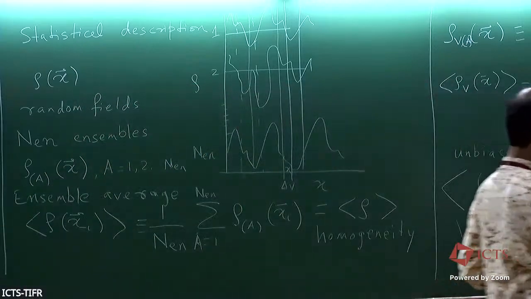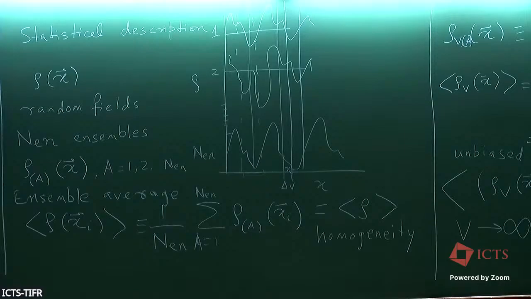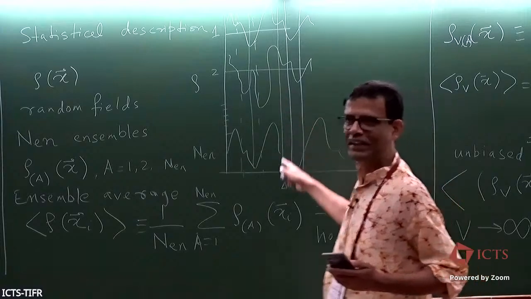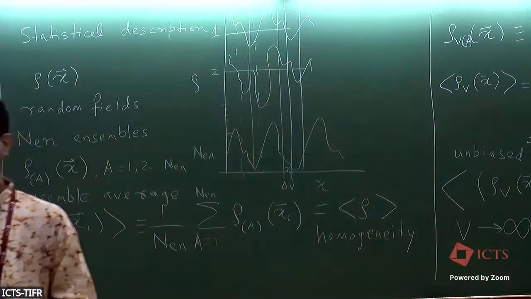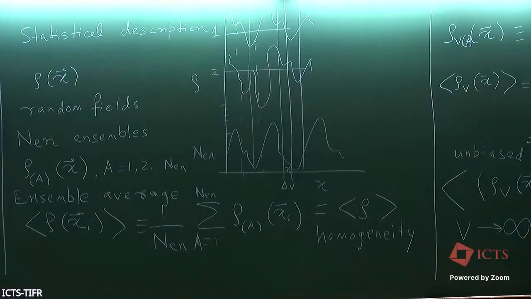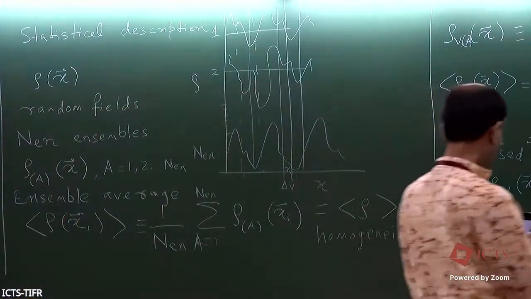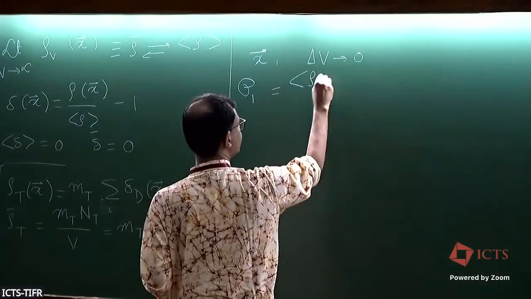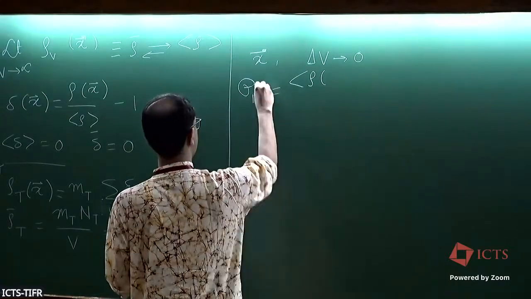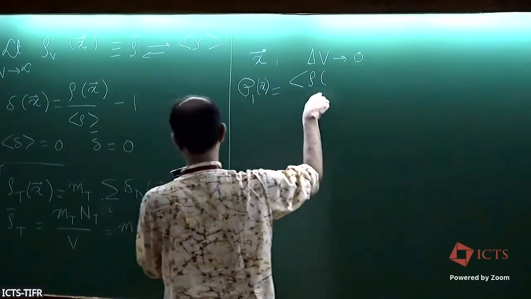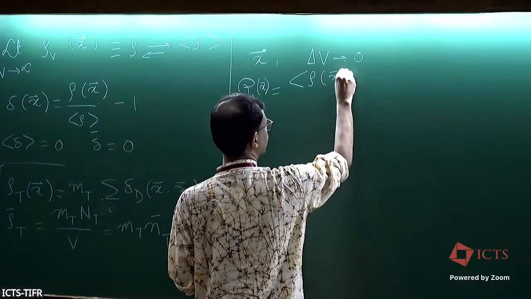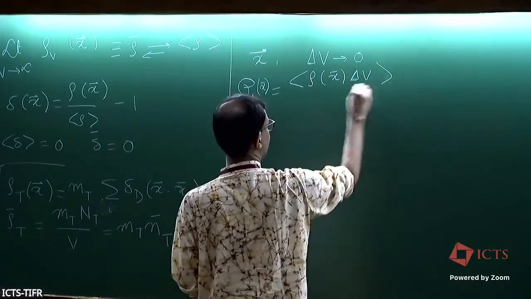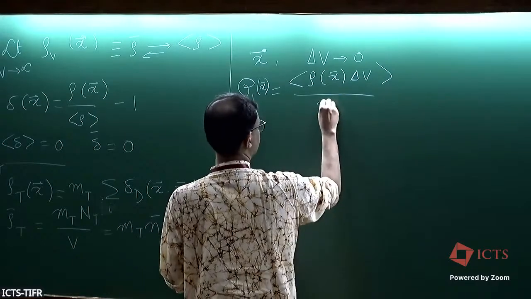In other words, you will find whether there is a delta function of x minus x_i, that x_i falls within this delta V. For some realizations there will be, for some realizations there won't be. And what you can then show is that this one will clearly be an ensemble average. Also P_1, which you are calculating at x, will be rho of x times delta V by M.